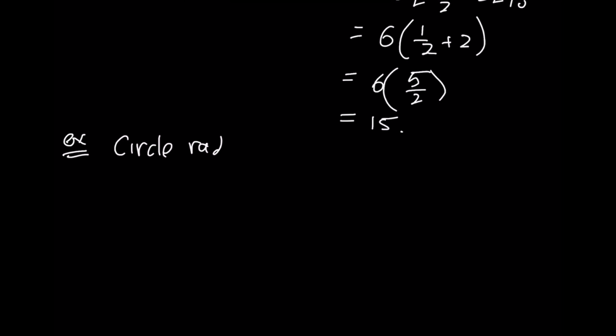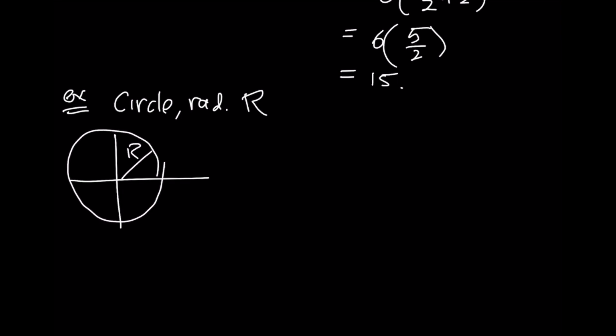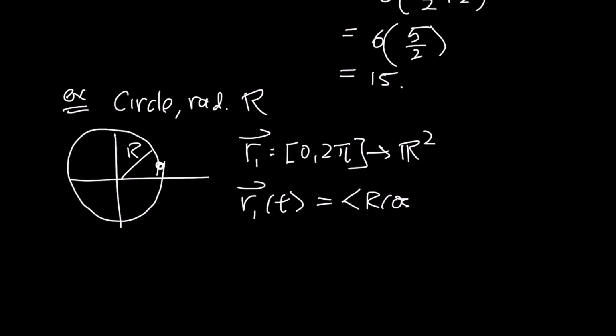So if I have a circle of radius r, I would love to figure out the distance around the circle. So here we're going to take a path, one that goes from 0 to 2 pi into R2, and this path will be given by r cosine of t, r sine of t. This was discussed in the previous video.